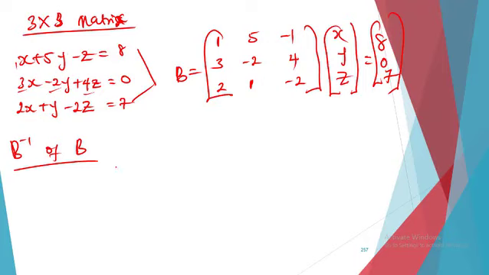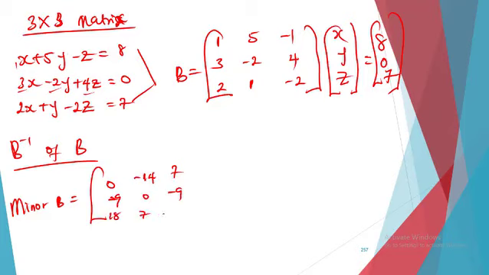I thought of how to do that, so I'll just be writing the answer from the minor. The minor of B is equal to 0, minus 14, 7, minus 9, 0, minus 9, 18, 7, and minus 17.